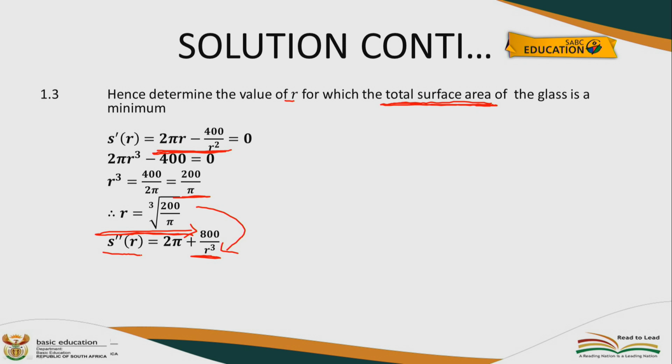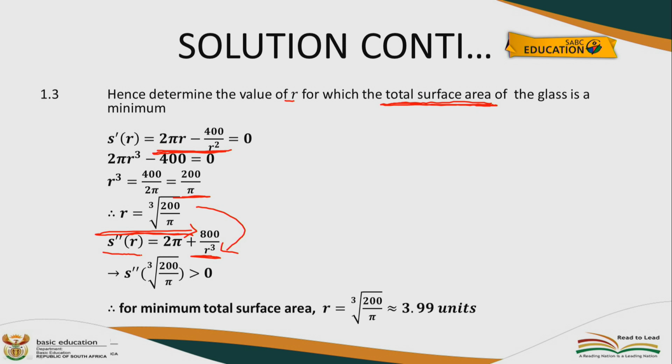So what does that mean? It means that the second derivative at this value of r is going to be greater than 0. And we said earlier that if the second derivative is greater than 0, that refers to a minimum quantity. So therefore you can conclude that for total surface area, r equal to the cube root of 200 over pi, which is approximately 3.99 units.